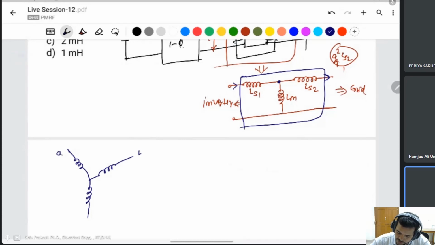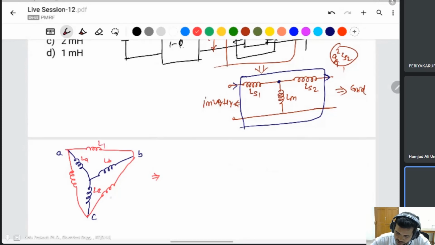Three branches of the star are A, B, C. Then convert it into delta. You take them as LA, LB, LC.